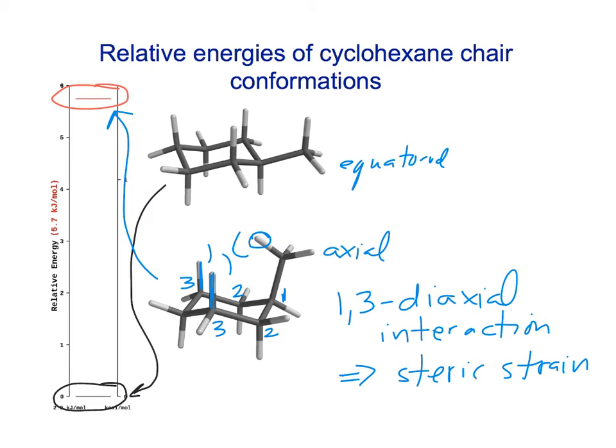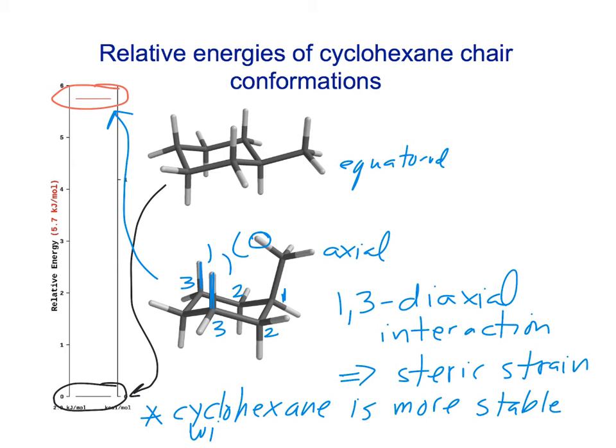All right, so this is just a rule then, that cyclohexane is more stable with substituents in the equatorial position.